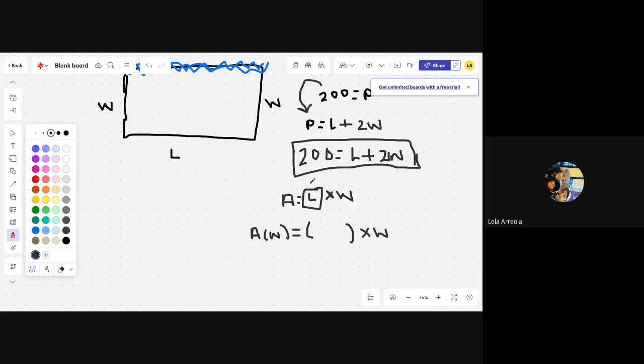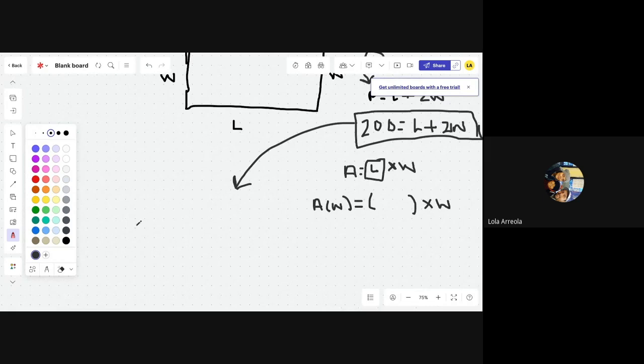So how can we change the length so that it's a function of W, so that when we have area as a function of W, we only see W in the equation? What we're going to do here is solve for L. Remember, how do we get this?